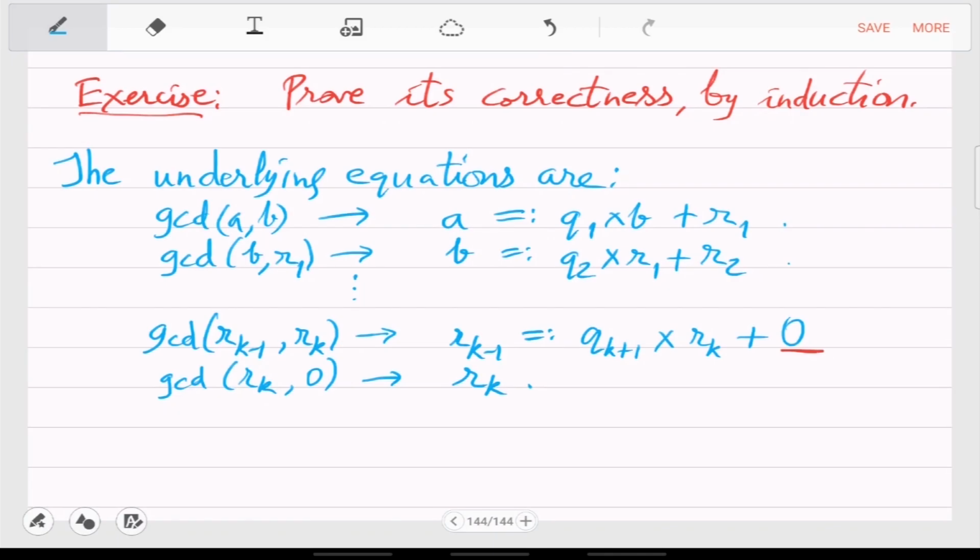Okay, so why have I written these equations? Because this proves a major property of numbers, which is that the GCD is a linear combination of A and B. Do you see this? So this actually is important for the following theorem, which is called Bezout identity.